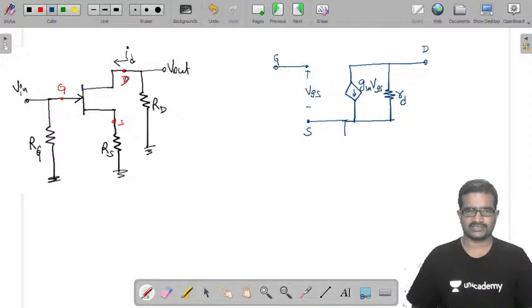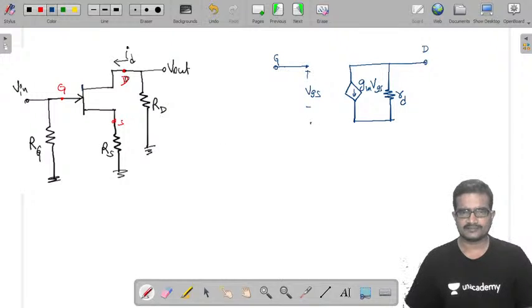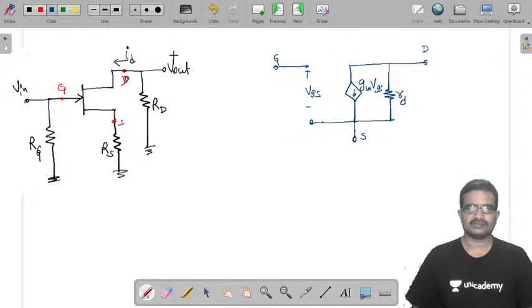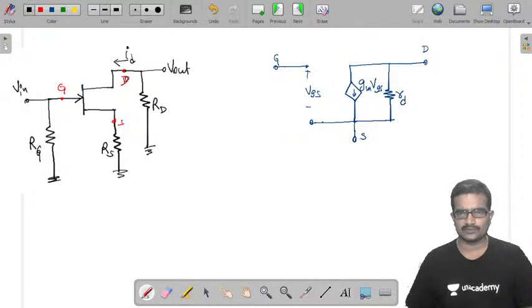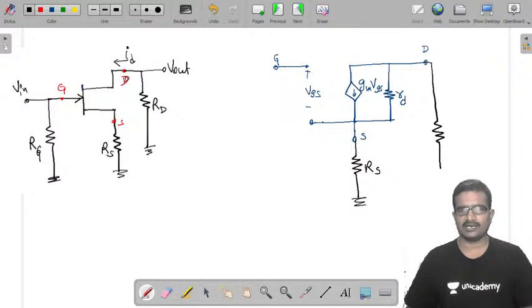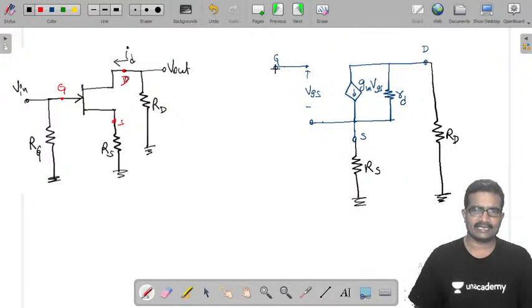Now give the external connections to this. This is our source terminal. Okay, now I am removing this part. Now source is connected to ground through RS, and drain connected to ground through RD, and gate connected to ground through RG.